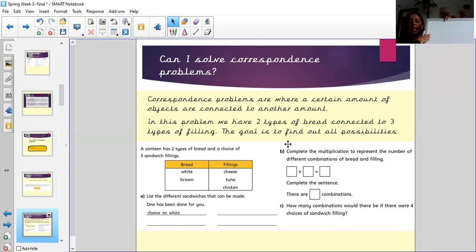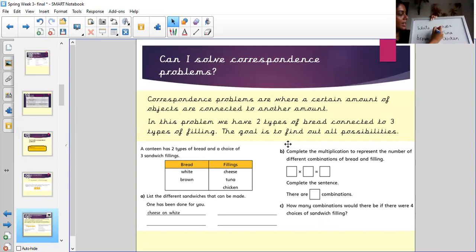So here's my board again, and I have white and I have brown. Now let's start off with our filling. So we've got cheese, tuna, and chicken. So these are the combinations that I could have with these given bread.